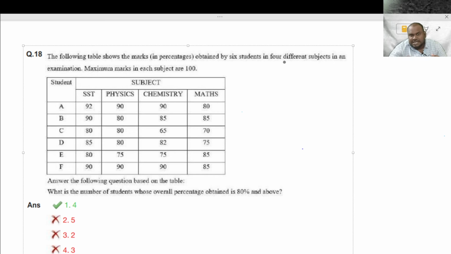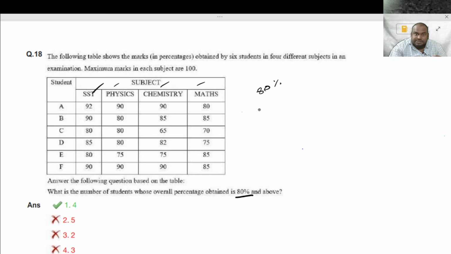See, he is just asking how many students are there whose overall percentage is above 80%. Overall percentage means what? Including all the subjects, you should get 80%. On an average, it means on an average.